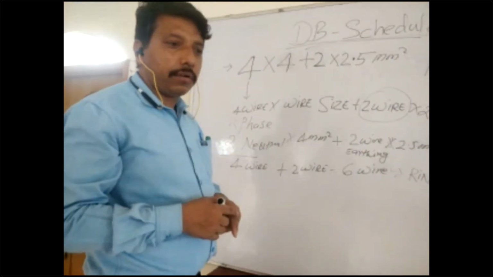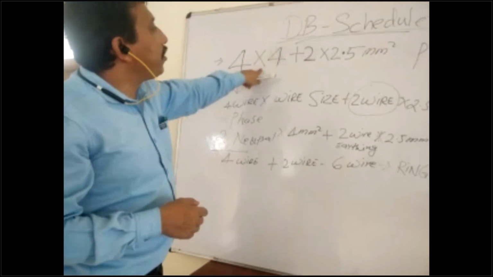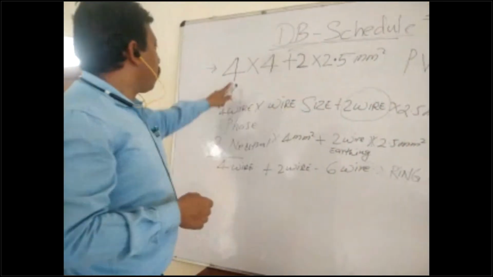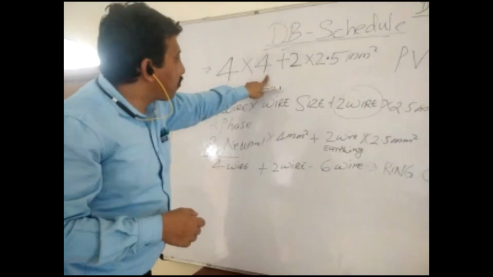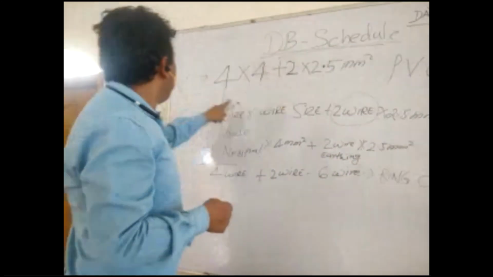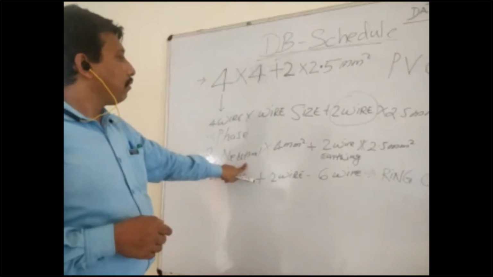Okay, clear about this one, not confused? 4 into 4 plus 2 into 2.5 mm square. So this means 4 wires, 4 mm square, 2 wires, 2.5 mm square. 4 wires means 2 phase, 2 neutral.